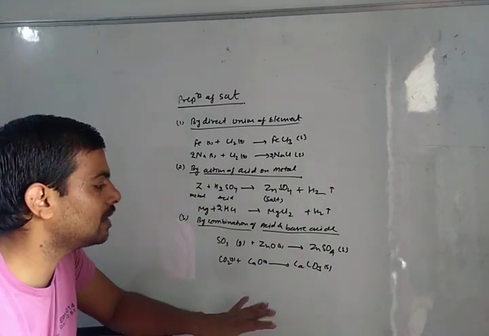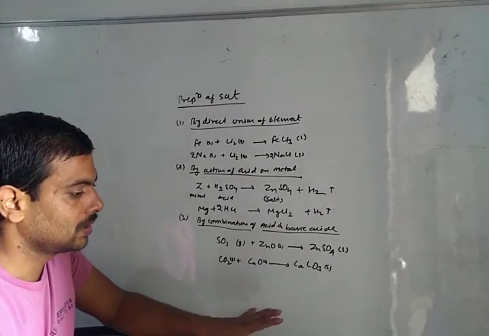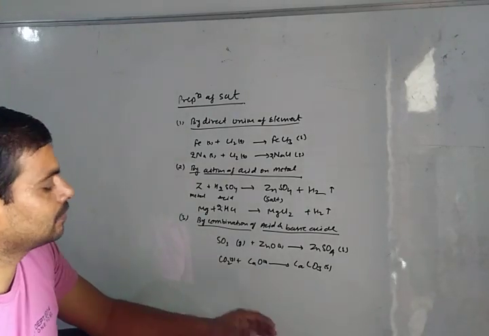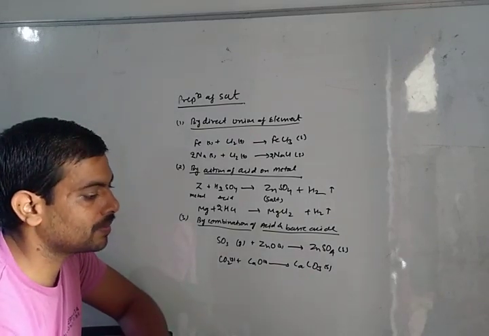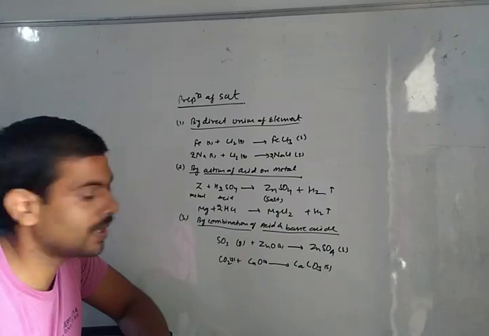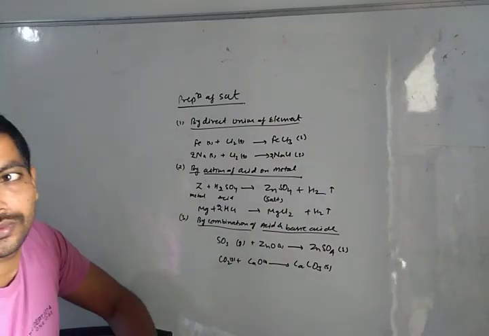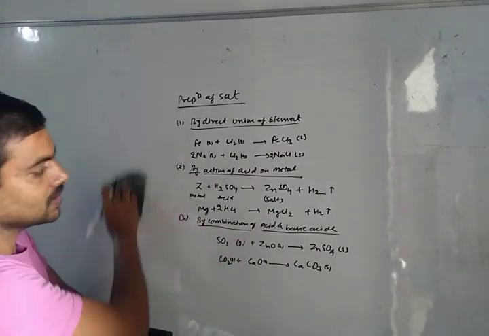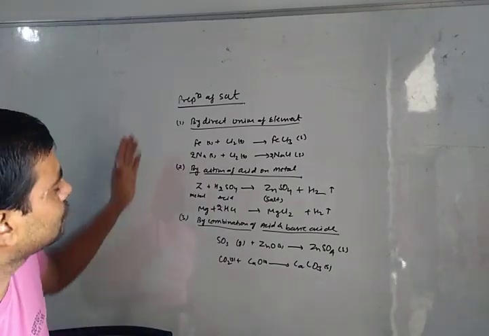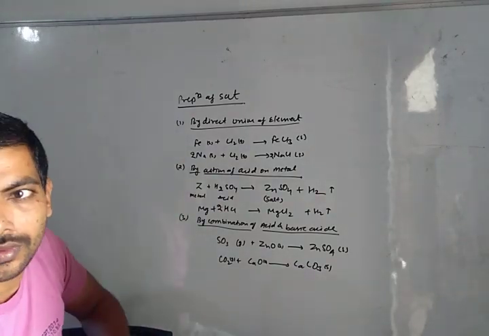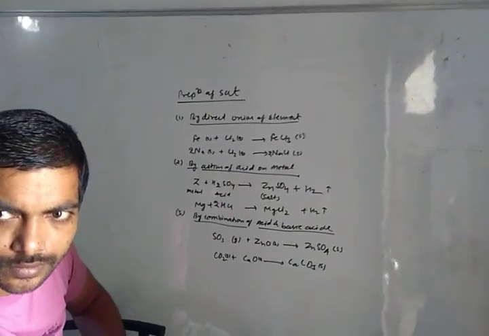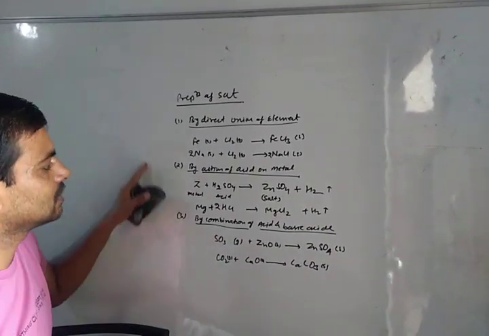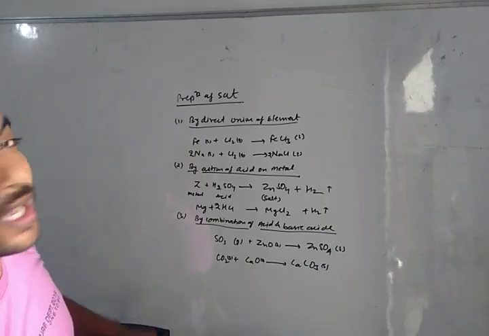Next, by action of acid on oxides, when acid reacts with oxide, what happens? I think you have all noted this down. Now let's move to the next one.